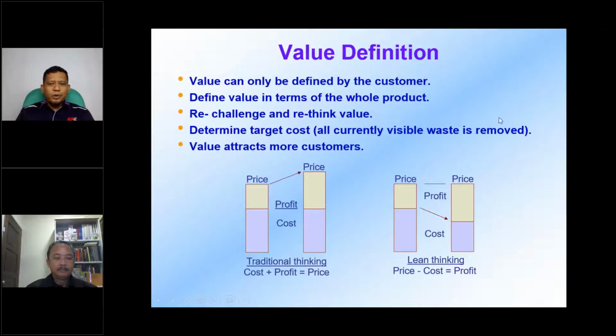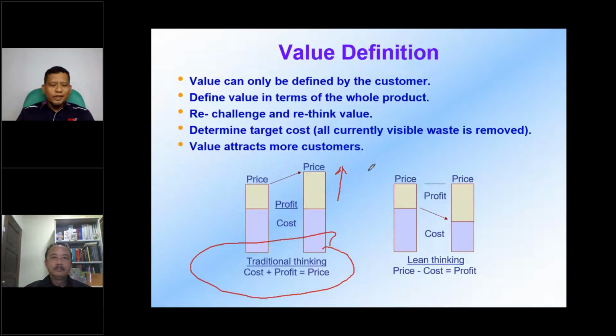This is where, just now, I mentioned this traditional thinking. We want to make more profit by increasing the price. It is not that healthy, because we create inflation and uncertainty. Let's say suddenly your customer finds another competitor with the same good quality and the same good service, but at a lower price.